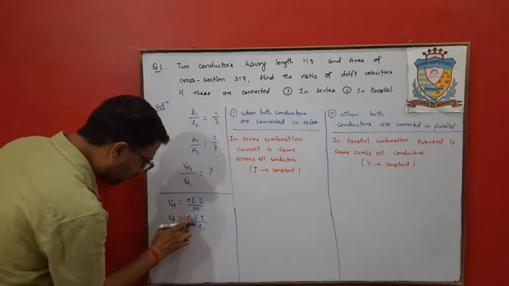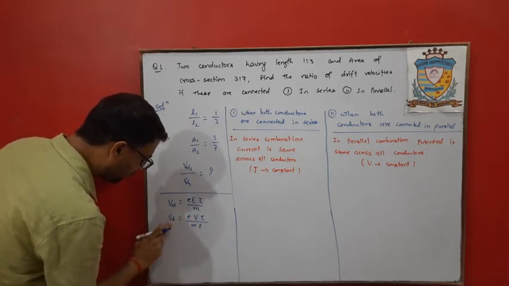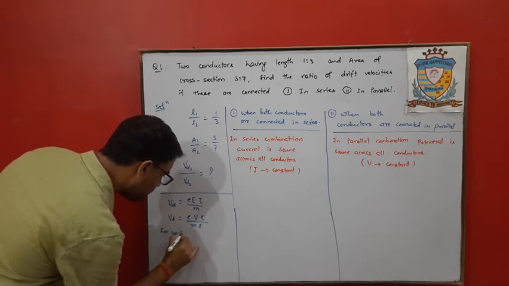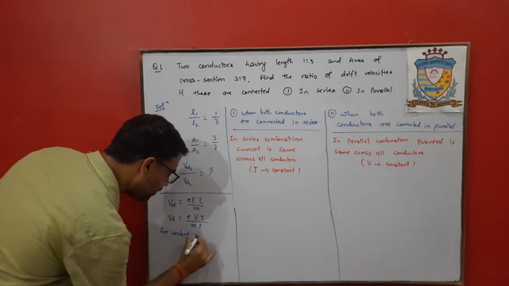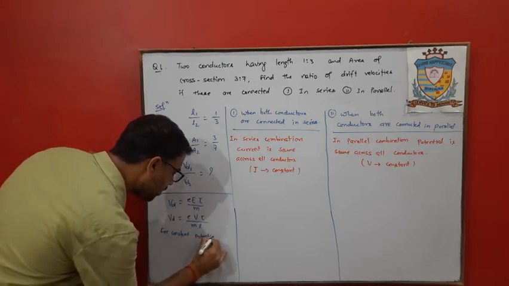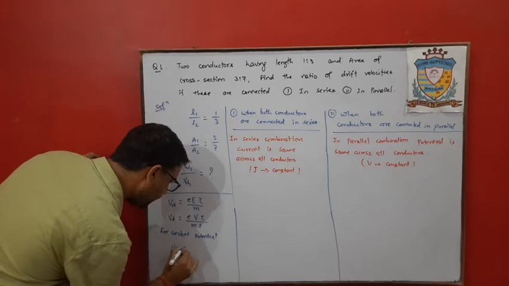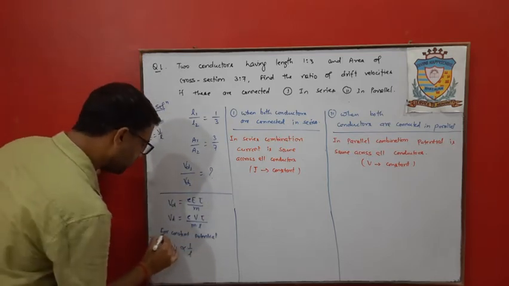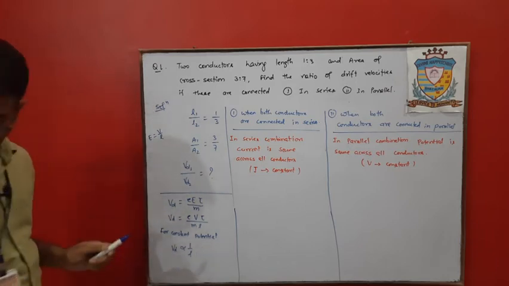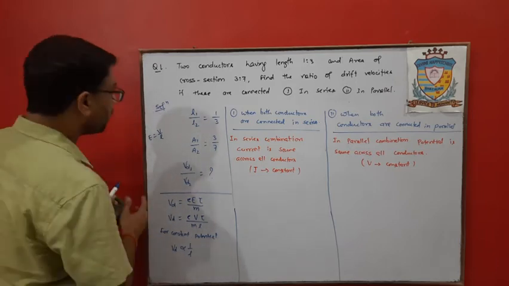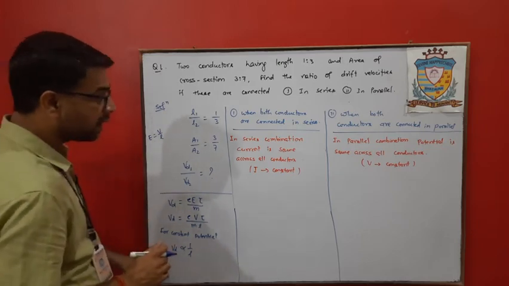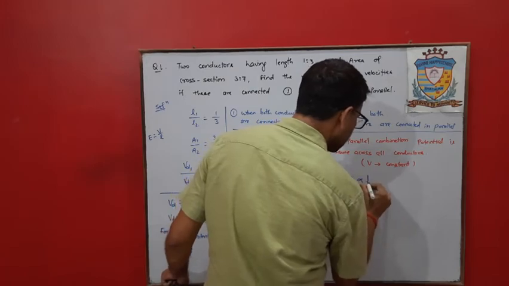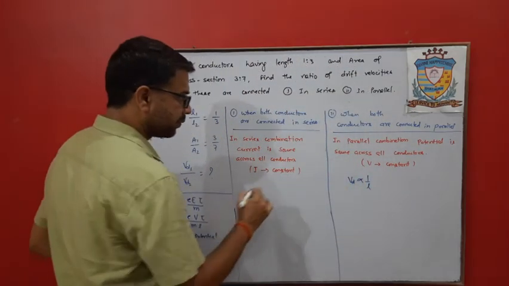So for constant potential, Vd is inversely proportional to length. Clear? One thing I got: in case of constant potential, Vd is inversely proportional to the length.